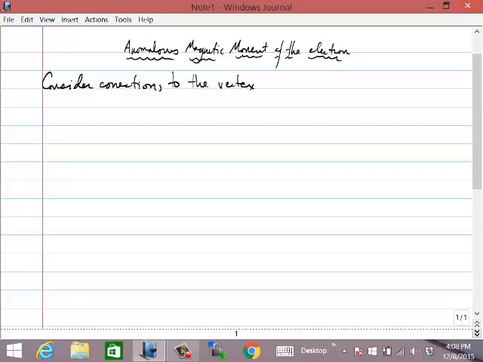So in particular, I remind you that in quantum electrodynamics, the way that we describe an electron interacting with a photon is through an interaction vertex that looks like this. So this describes an electron interacting with a photon.